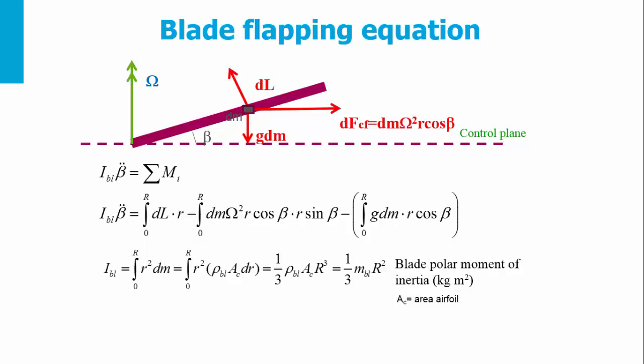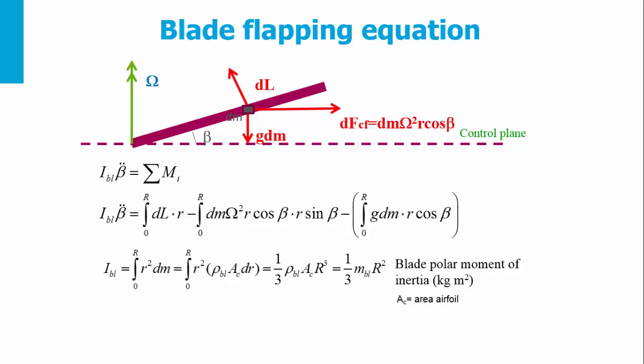The equation of motion of the flapping blade is then the blade moment of inertia multiplied by the blade acceleration equals the summation of the moments acting on this center. What are the moments with respect to this center? First, the aerodynamic moment, dL r, which can be integrated along the radius.